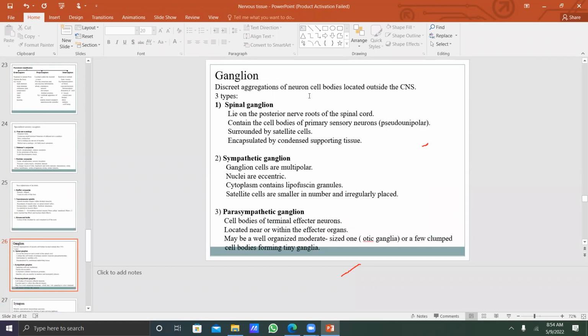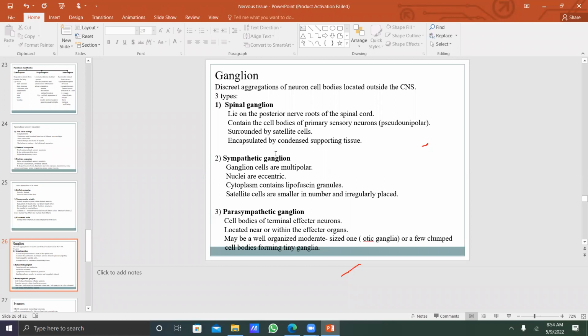So then let's move on to ganglion. Ganglion means a discrete aggregation of neuron cell bodies located outside the CNS. Outside the central nervous system, there are some discrete aggregations of neuron cell bodies. They are called ganglions.